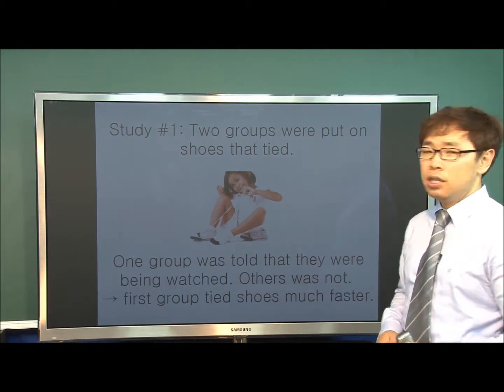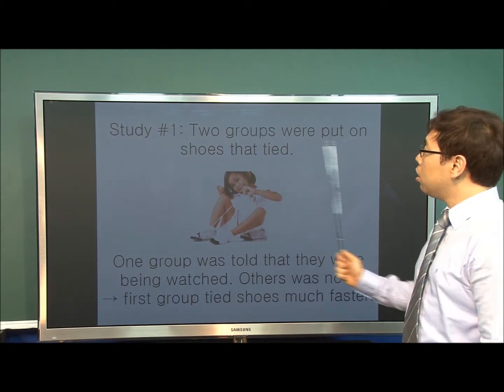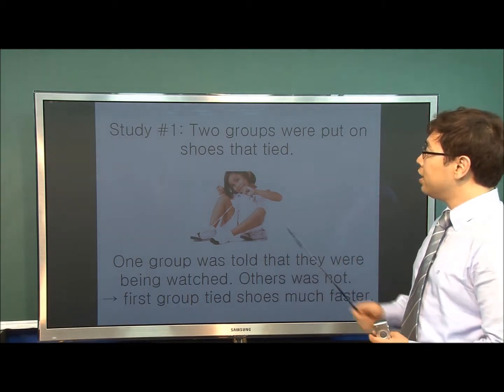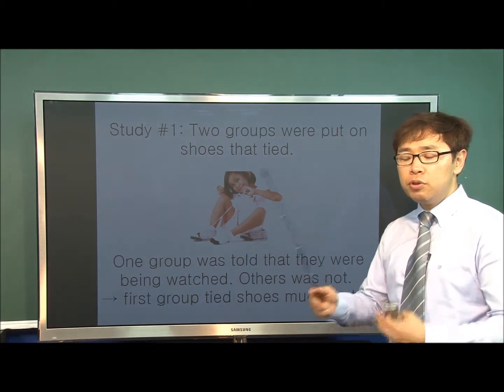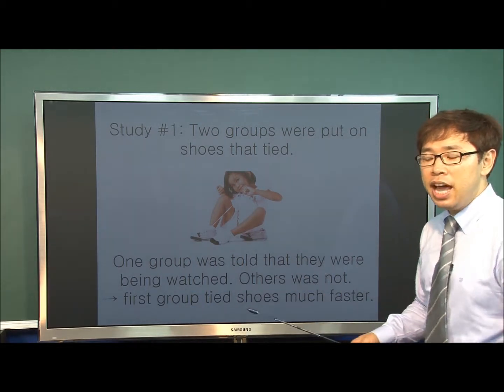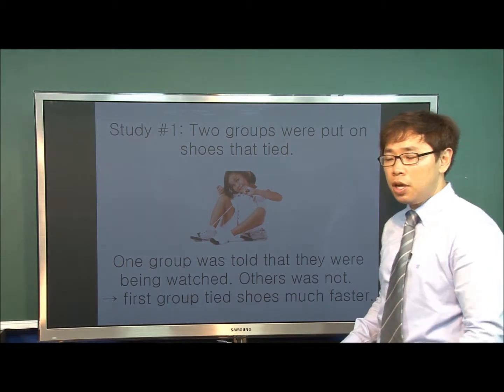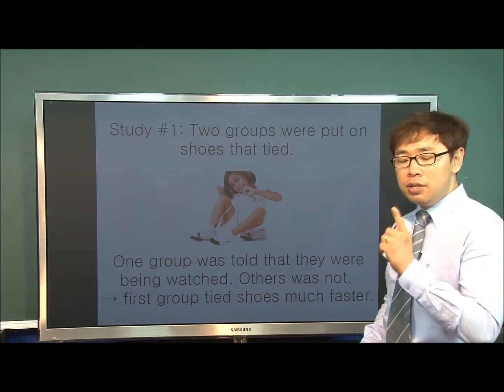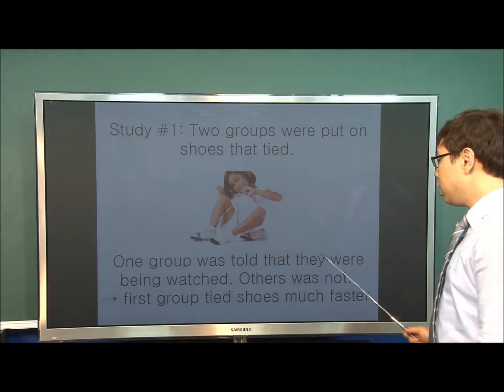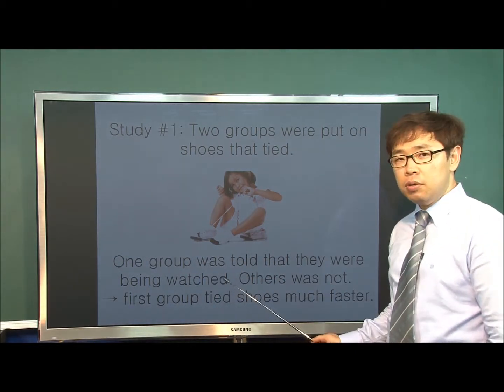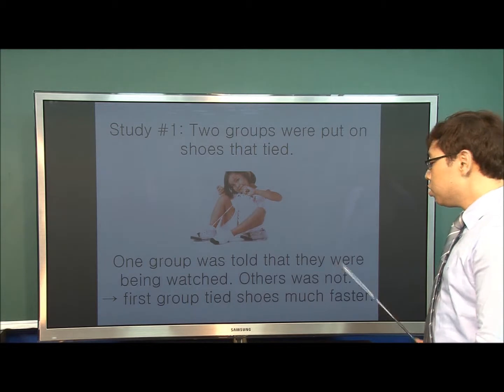Study number 1. 2 groups were put on shoes that tied. Basically he put 2 different groups and asked them to tie their shoes. But here's the different condition. One group was told that they were being watched, and the other was not.